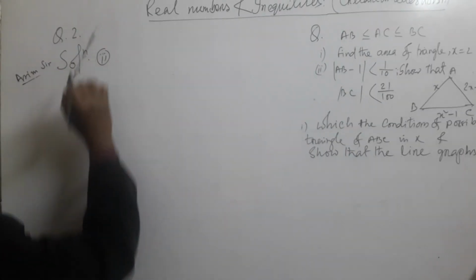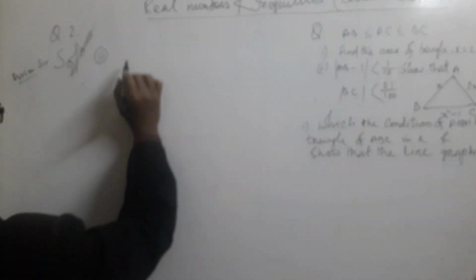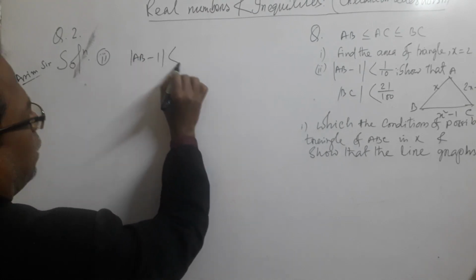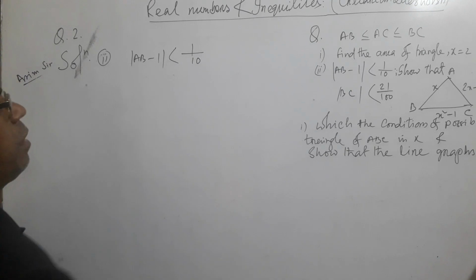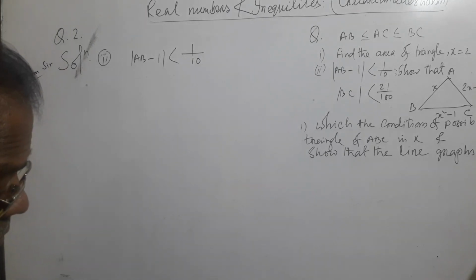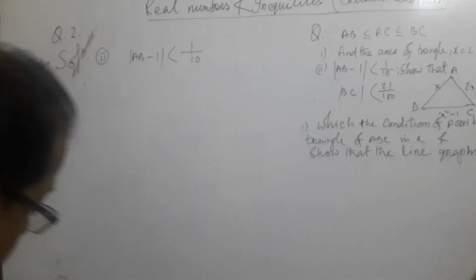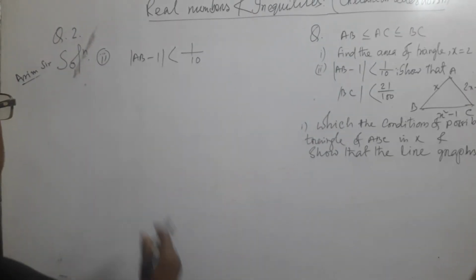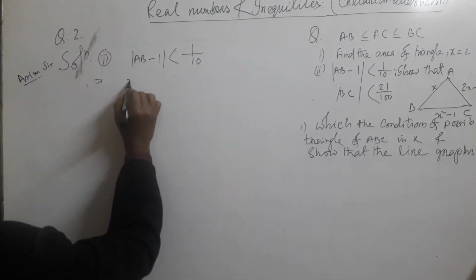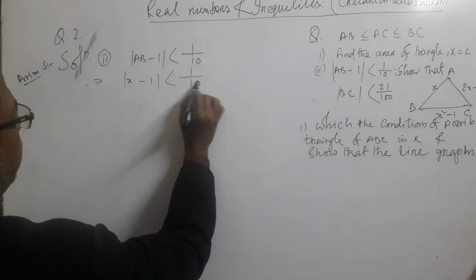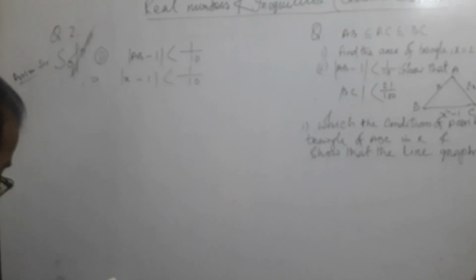Number 2. Modulus of AB minus 1 is less than 1 divided by 10. So that implies modulus of x minus 1 is less than 1 divided by 10.